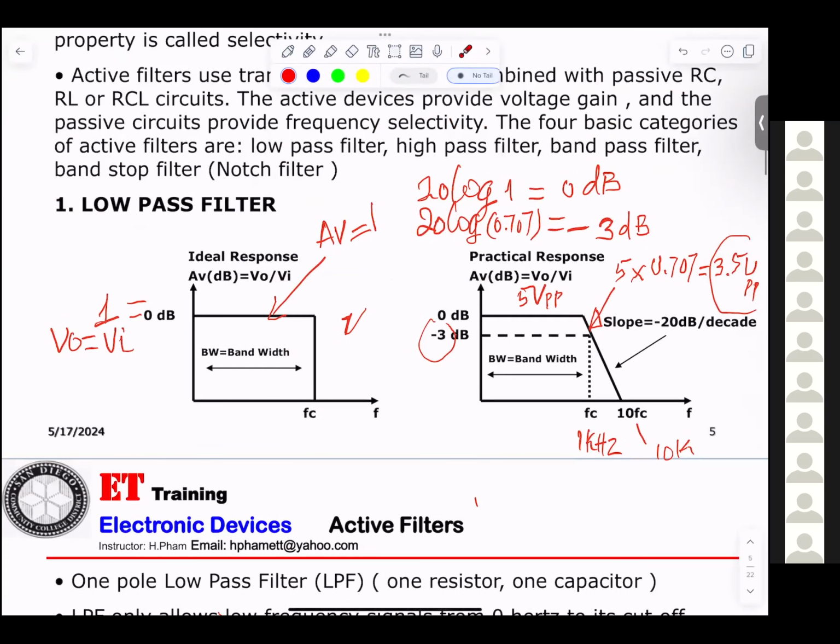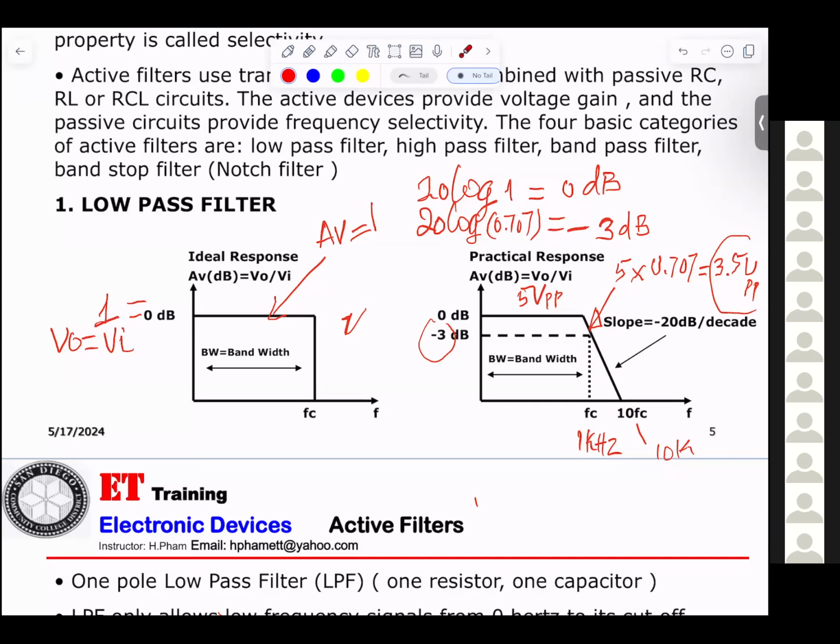For this low pass filter, the signal from here to here passes, and after that they want to cut it off. That is considered noise, so they want to cut it off. In the past, when you were using the radio a long time ago and moving from one station to the other, it made a lot of noise.